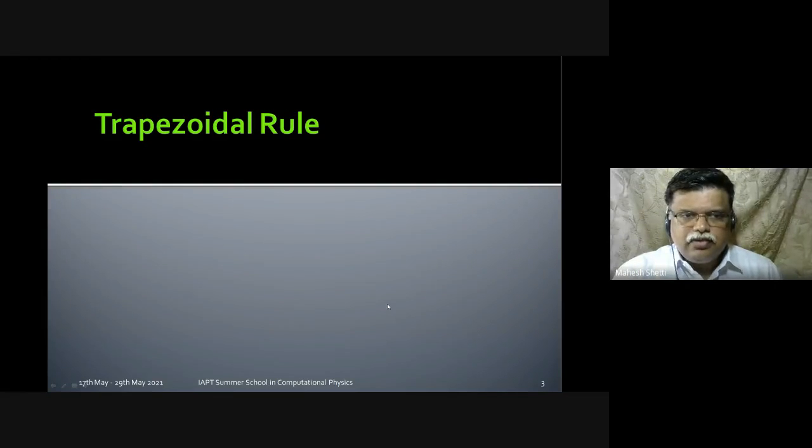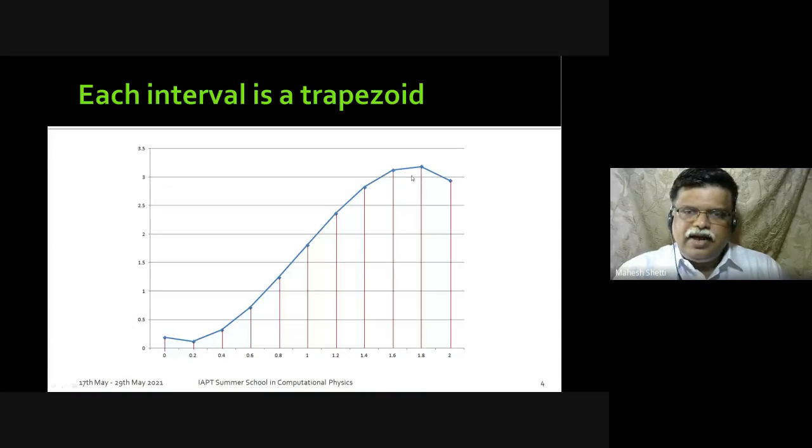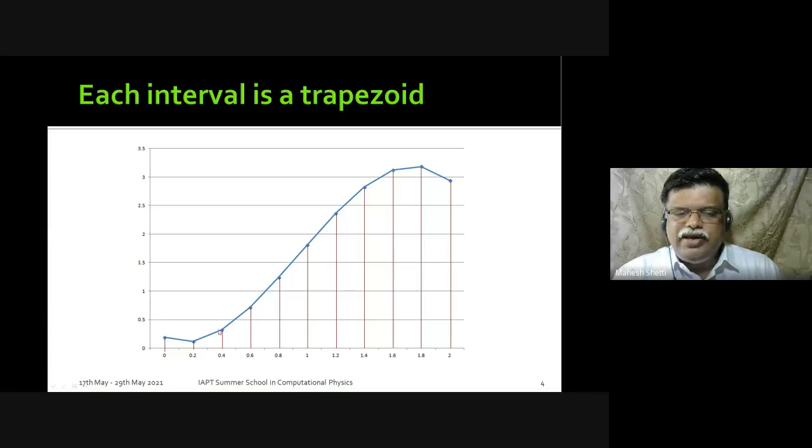So there is something called the trapezoidal rule for integration. This is one of the ways. Now what is done? There are points which I have calculated for a given function. I don't know the intermediate values. So what I'm doing is I'm just joining all these adjacent points with a straight line.